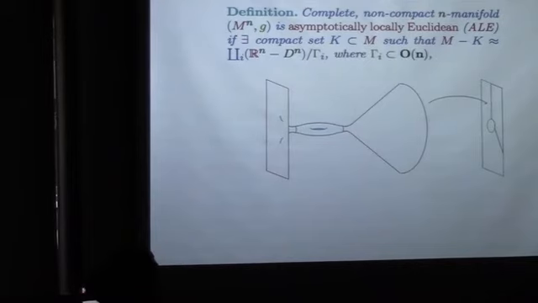This would be a group of orthogonal transformations that acts freely on the unit sphere. That guarantees in particular that this quotient would in fact be a manifold. It would be fair game to ask for that to be a model of one region at infinity.